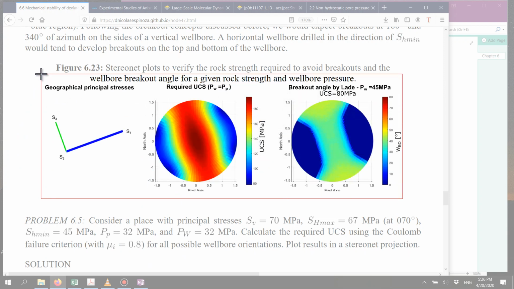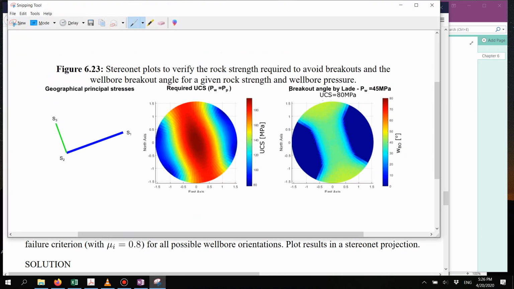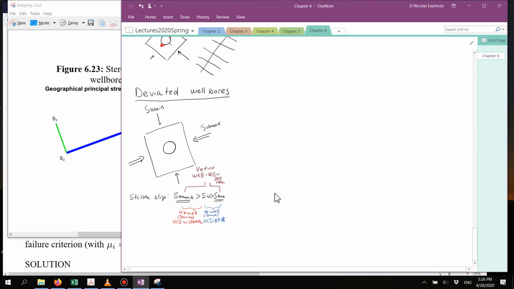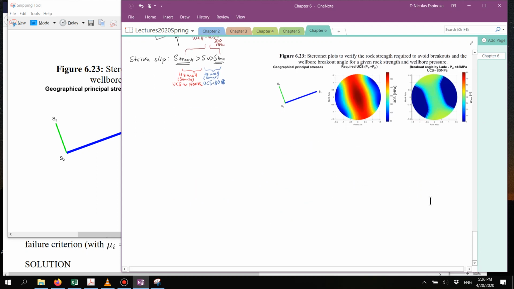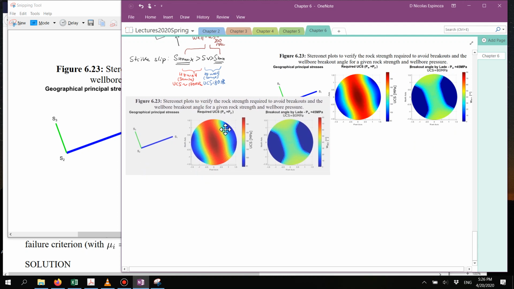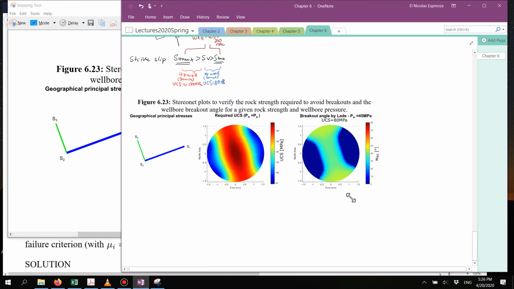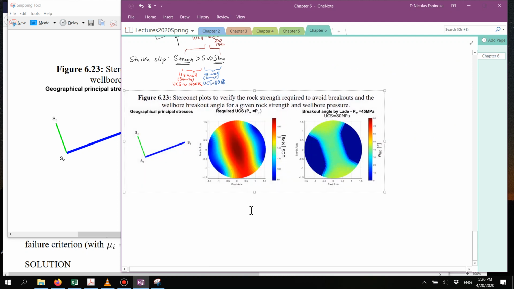At a given location, I could compute this solution, and let me paste this over here, and I could use now this particular solution that I have in combination with my deviation survey file.